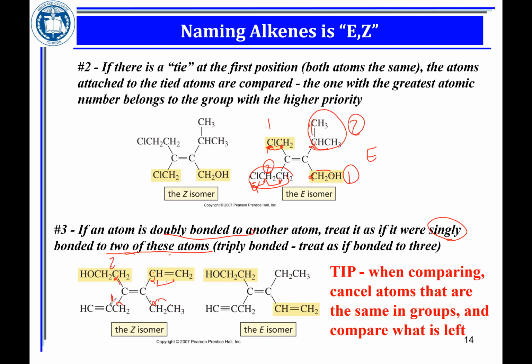Based on the second one, the second carbon here is attached to other carbons, but the second carbon there is attached to oxygen, and that's what makes it high priority. So we have 1, 2, 1, 2, same side.